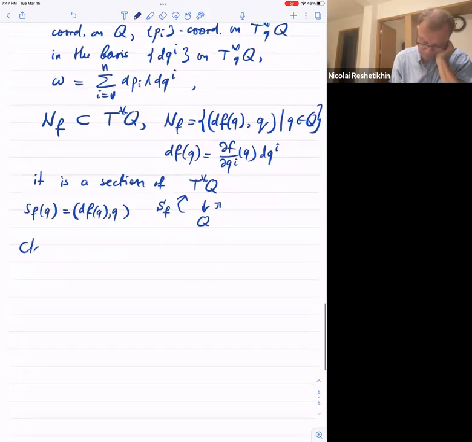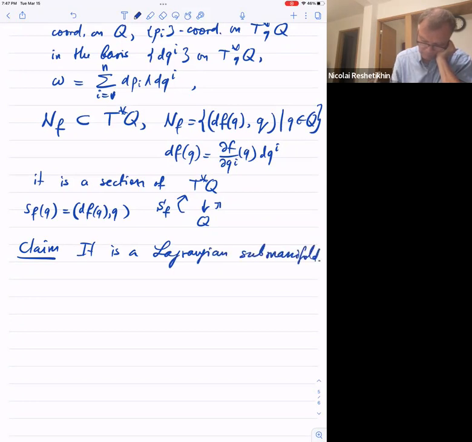And I claim it is a Lagrangian submanifold.